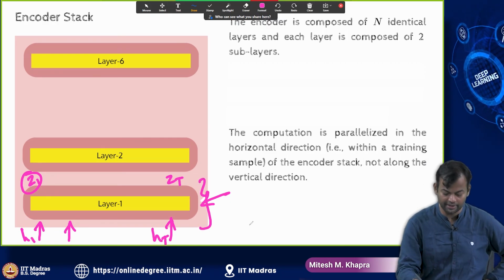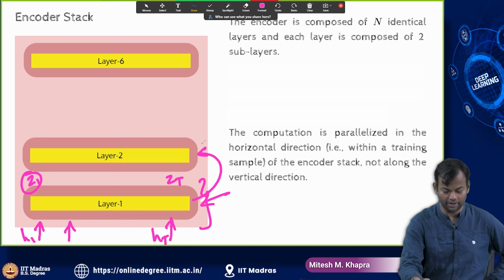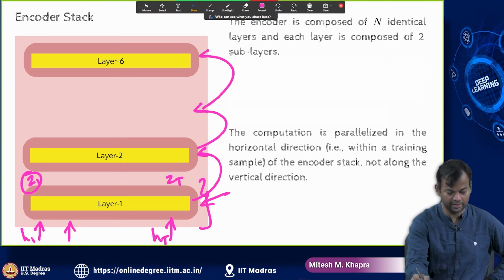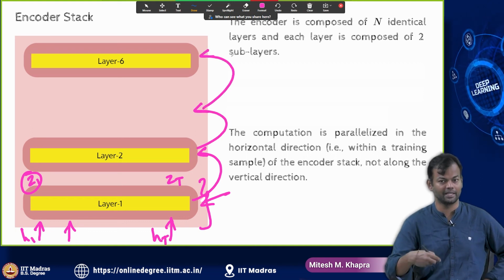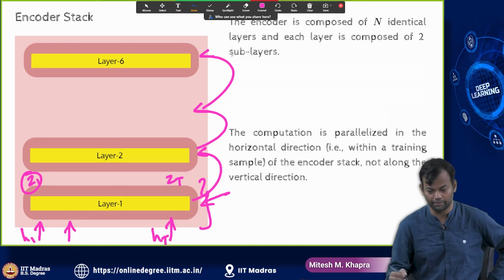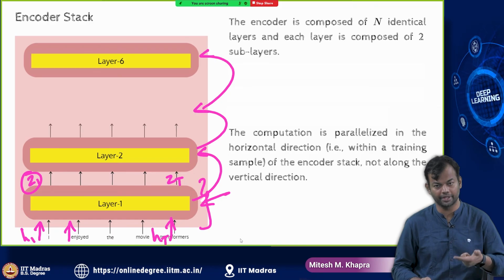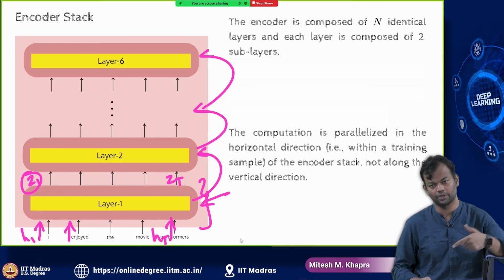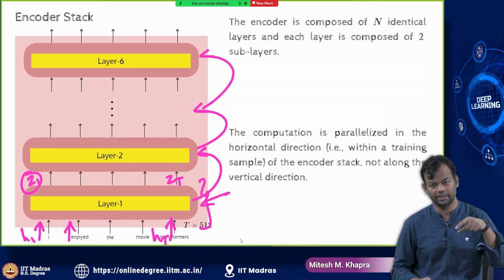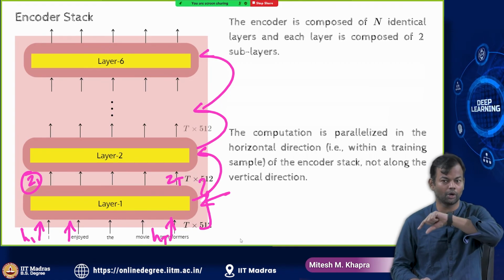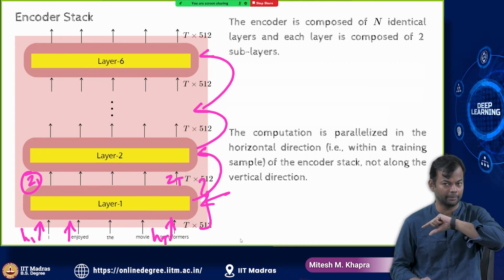So you see this parallelism in every layer, but across layers the computation is still sequential, because you need the previous layer's output to do the next layer's computation. You have the input, then the layer 1 outputs get computed, then it feeds to layer 2 and so on till the end. And each of these T cross 512 outputs get computed in parallel, right?